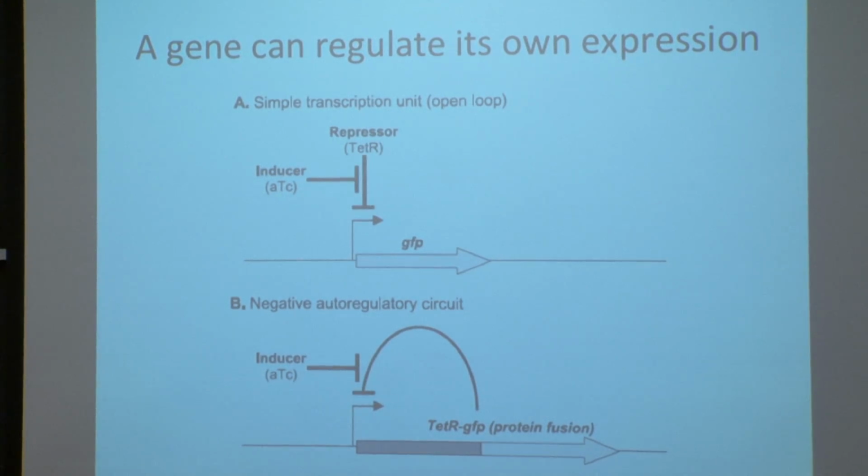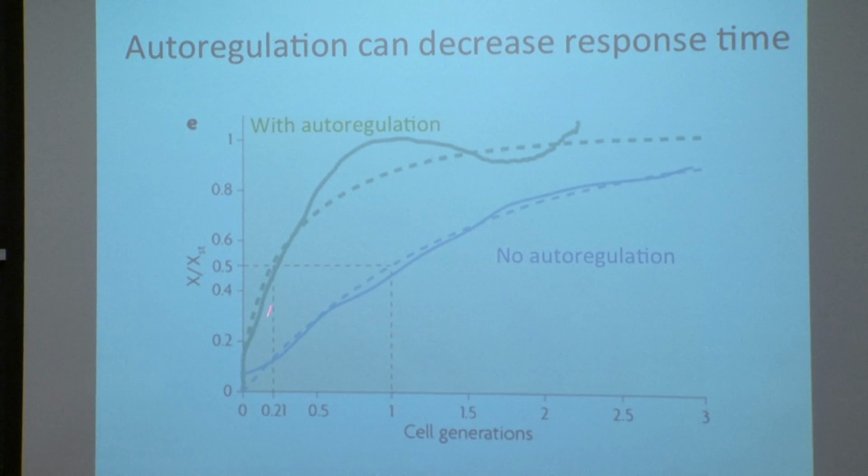Now, in this case, what we're going to find is that such negative autoregulation does some very interesting things. For example, one thing that it's been shown to do is to increase the rate of response of that gene. So in some ways, you can speed up the response to some signal by having that negative autoregulation.